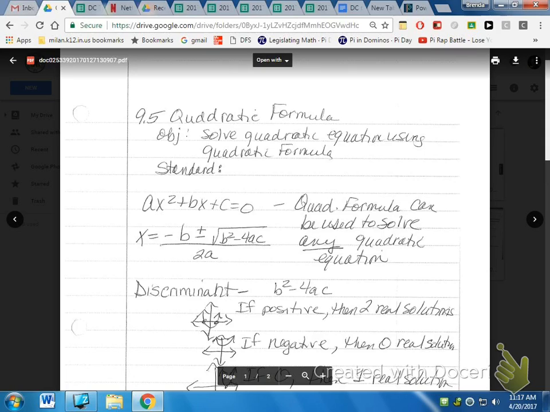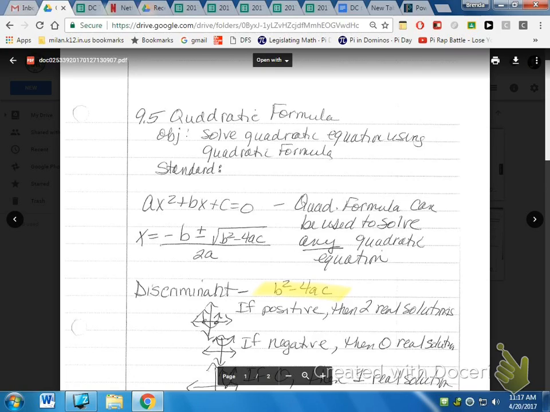Because of that plus or minus, you can figure out by the discriminant how many answers you're going to have. Okay, what's the discriminant? The discriminant is the part under the radical sign, b squared minus 4ac. If you look at b squared minus 4ac and it is a positive value, when you take the square root of a positive value, don't you get two solutions?